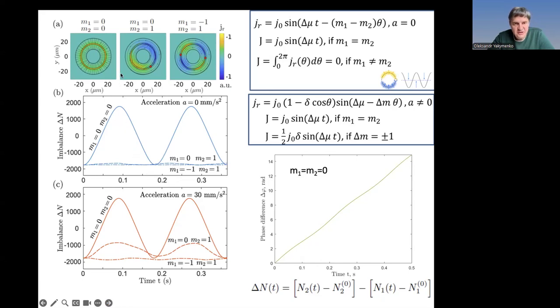But if you have a different angular momentum state, these oscillations are suppressed, so the total flow through the junction is zero. But if you have acceleration like here, where the acceleration is directed from left to right, then the density is a little bit biased. It means that this symmetry is not pure now. So you have some asymmetry.